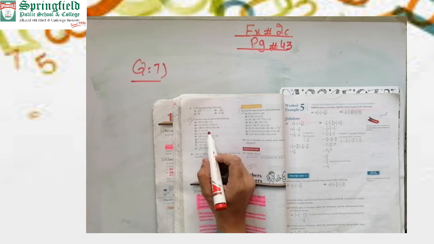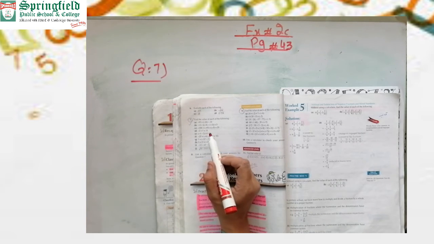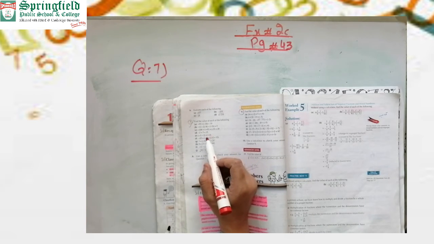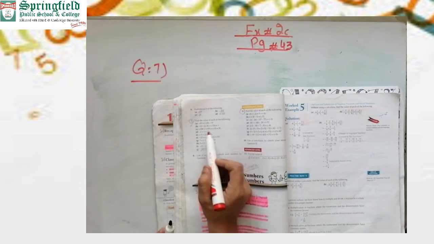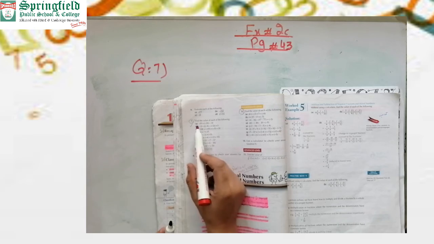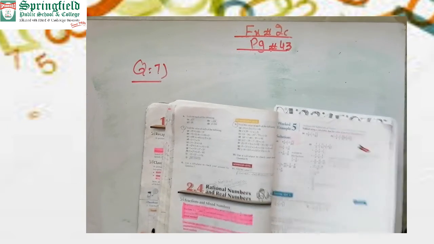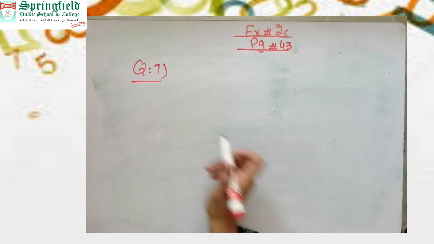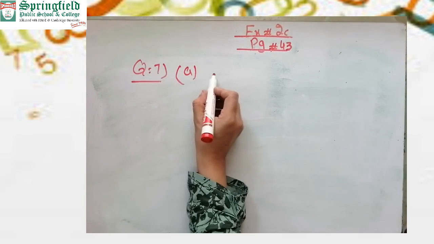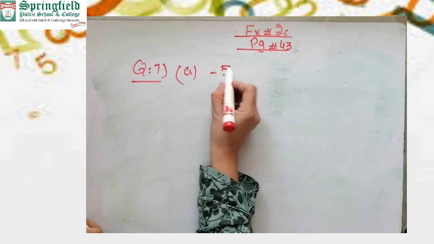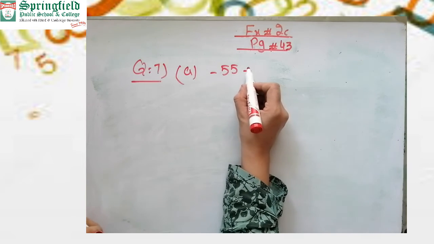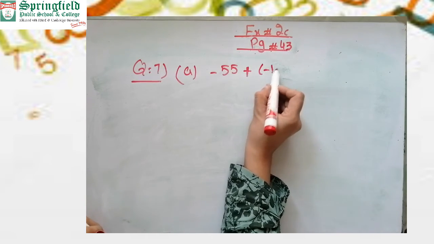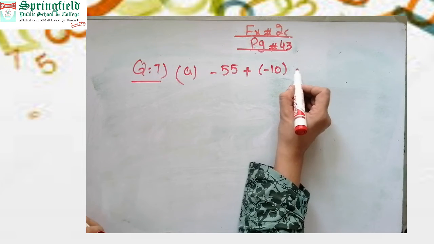As we know that how we can solve the combine operation on numbers. Fine. So there are some operations are doing some on the numbers. So come on the first part. And in first part, minus 55 divided by plus minus 10, minus 10.